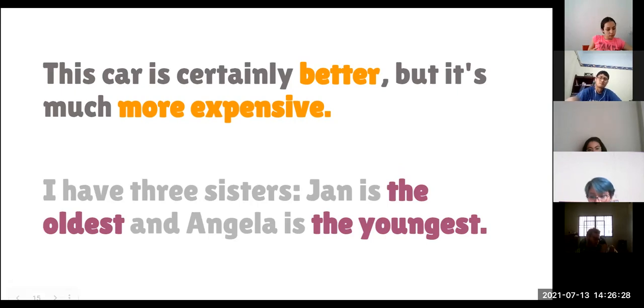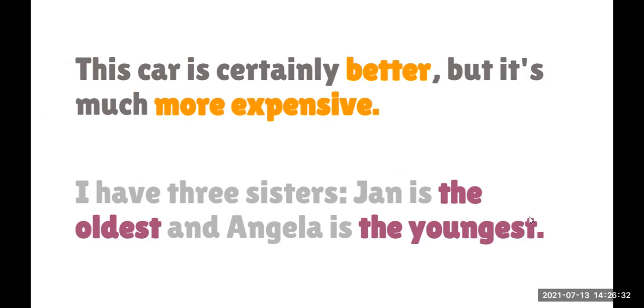Use EST. Yes, we have EST at the end of the adjectives, right? Okay, so here we have comparatives, and in the second sentence we have superlatives. So we are going to remember a little bit about these rules, how we form these adjectives, okay?